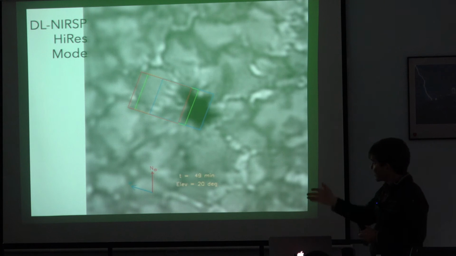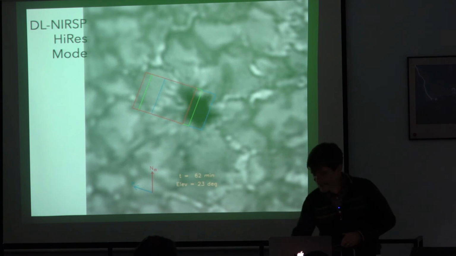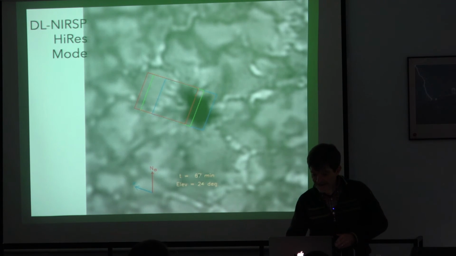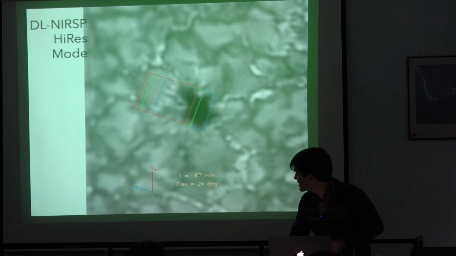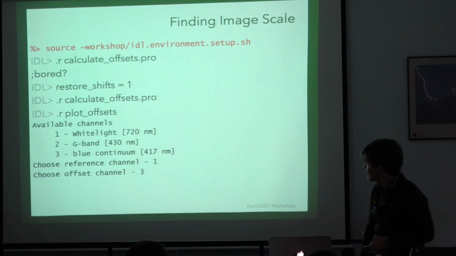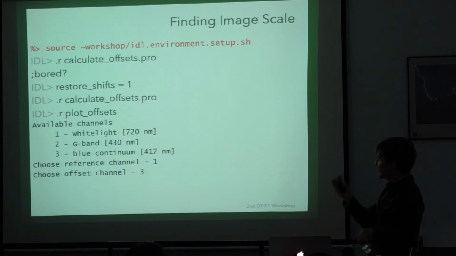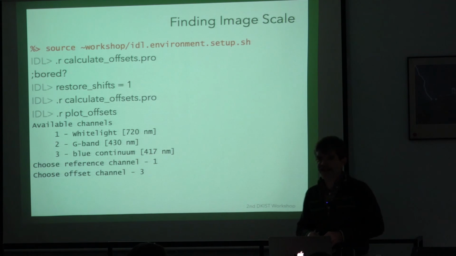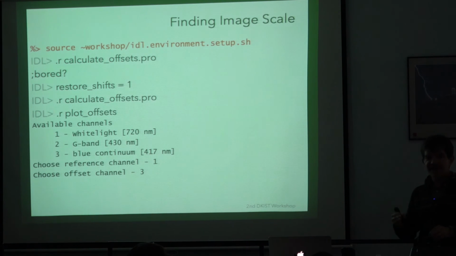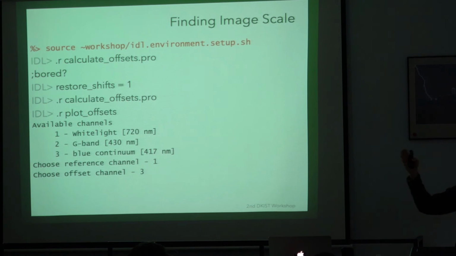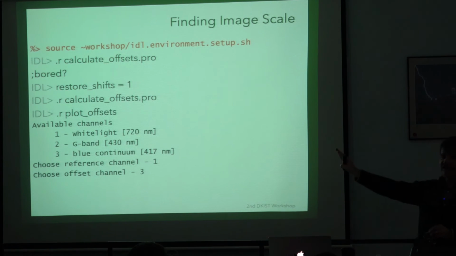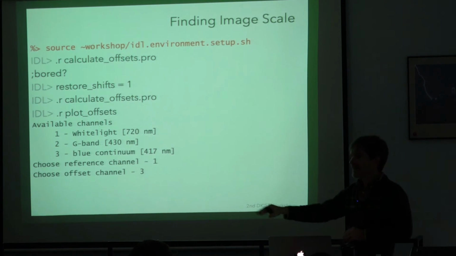So how do we do this with something like an imaging instrument? Well, this is a quick exercise here that will hopefully give you hope. I think it will show you how we can calculate this, and we can run this on the server, and you can try looking at the offsets here with different wavelengths. We have the white light images, those are at 7,200 angstroms, so off towards the red.